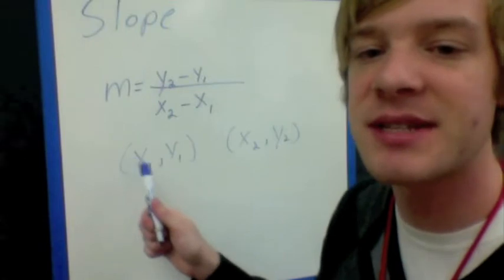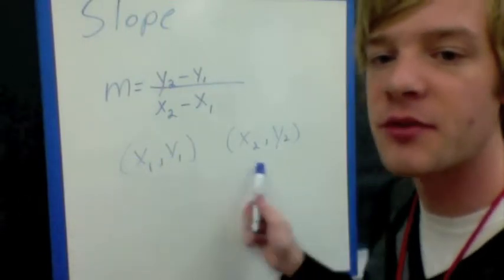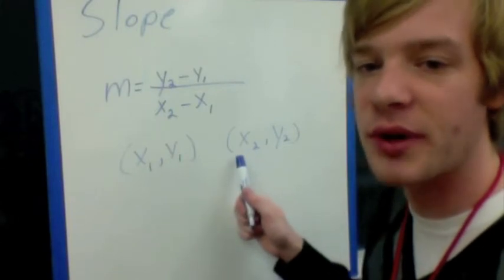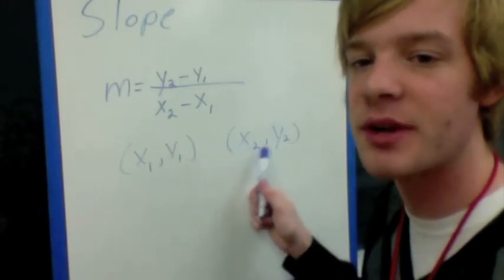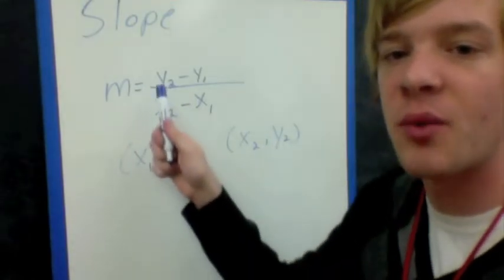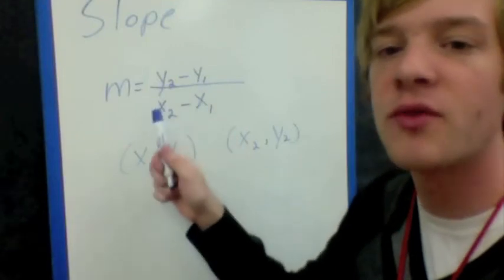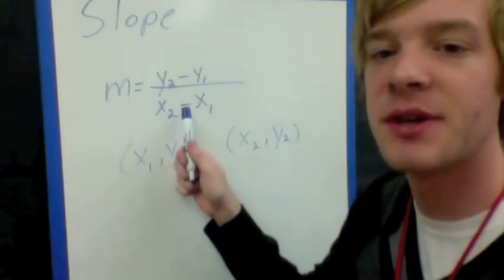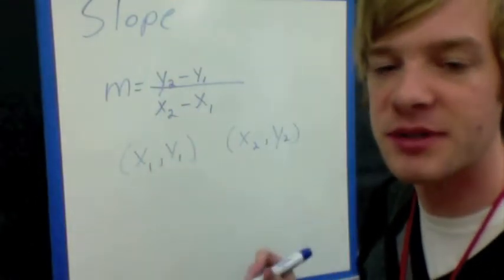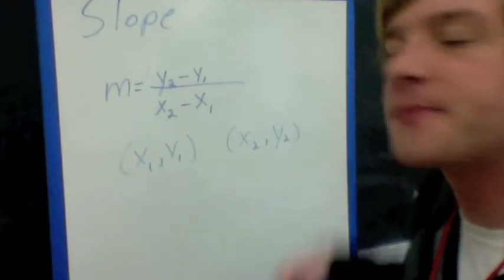So this is x in the first point, and this is y in the first point. Then over here we have the second point, so we have x in the second point and y in the second point. So our equation says y from the second point minus y from the first point over x from the second point minus x from the first point. We'll go through an example, and this should make a little bit more sense then.